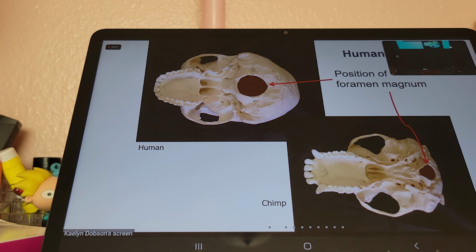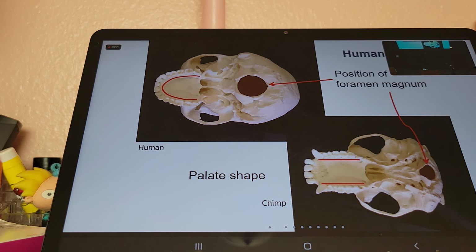Also, a trait that is not directly related to bipedalism, but is associated with bipedalism, is a more rounded or arched palate shape, whereas when we look at apes, monkeys too, most animals, we see that they have a more rectangular palate.